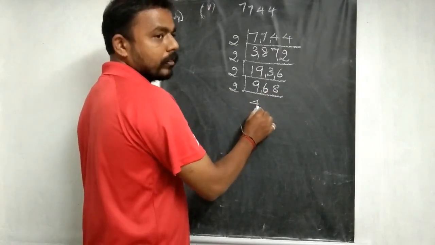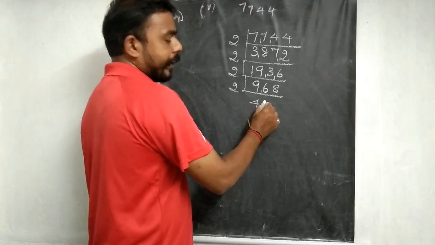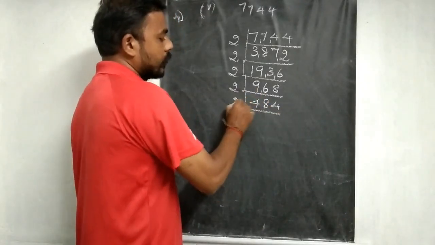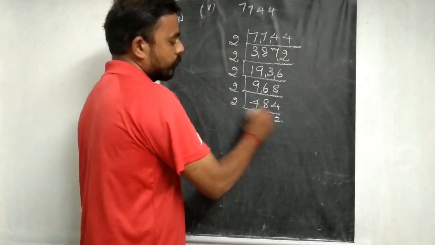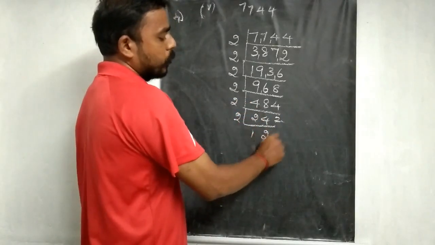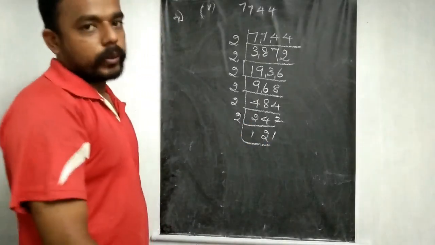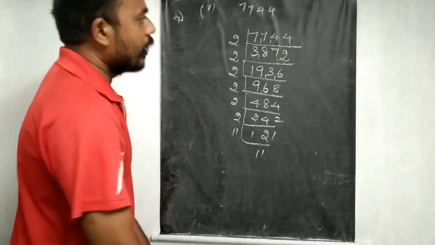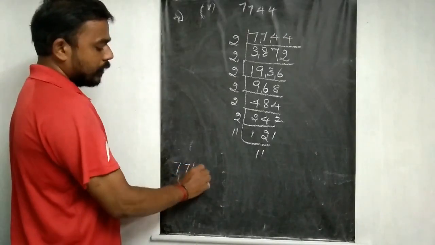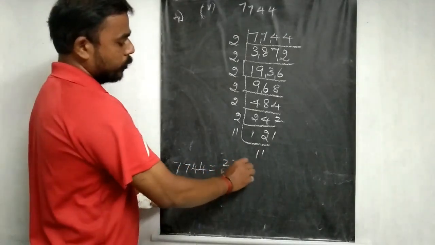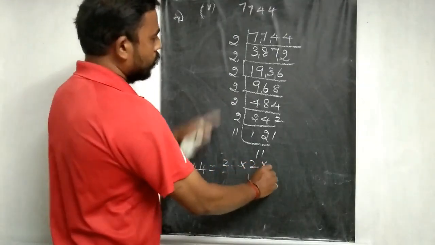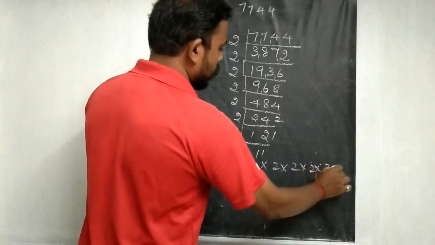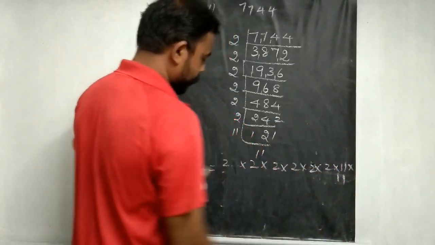Remaining 1. 8 2s are 16. 2 4. Next 2. 1 2 1. So 121 is already a perfect square number. So 11 11s are 121. Now 7744 equals 2 into 2, 2 into 2, 2 into 2, 11 into 11.